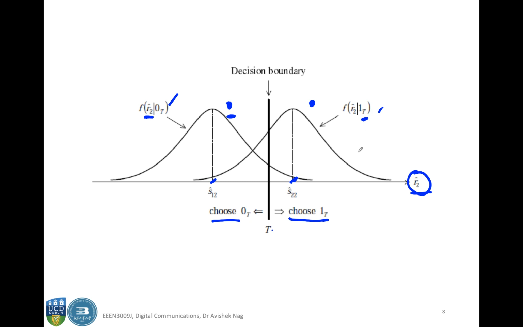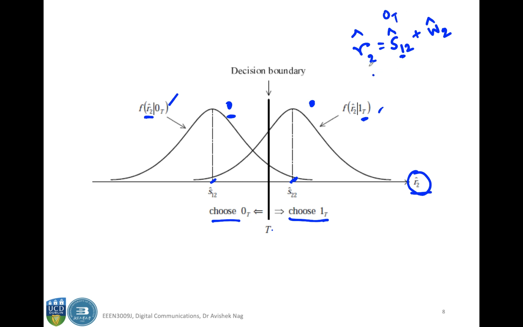So R2 hat, let's say, will be basically S12 hat plus W2 hat, if the signal 0 was transmitted.